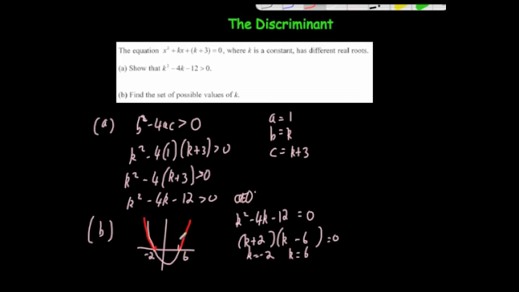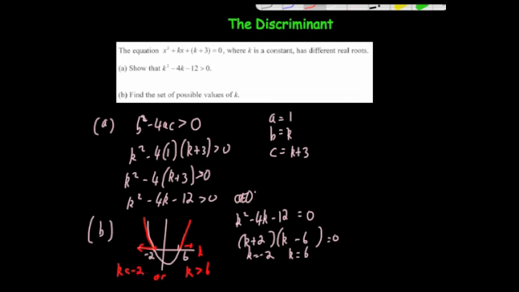So we have found that k squared minus 4k minus 12 is bigger than 0 whenever k is bigger than 6, or whenever k is less than minus 2.